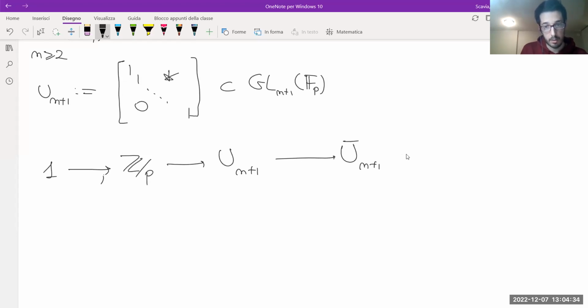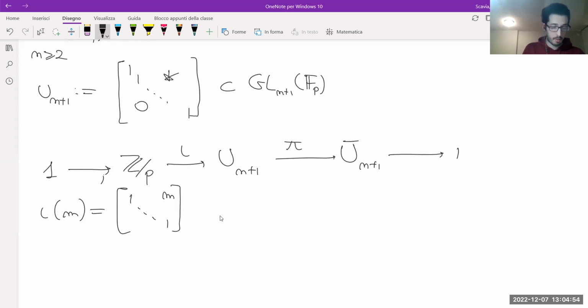We have Z mod p going to U n plus 1. Let's call this map iota. And the map iota sends the class of some number m to the matrix with all ones on the diagonal and then m in the upper right corner.